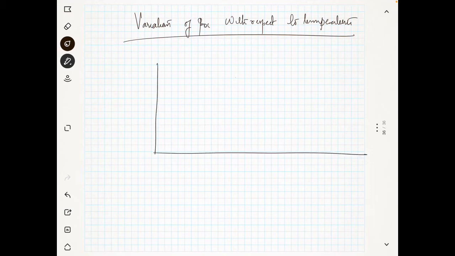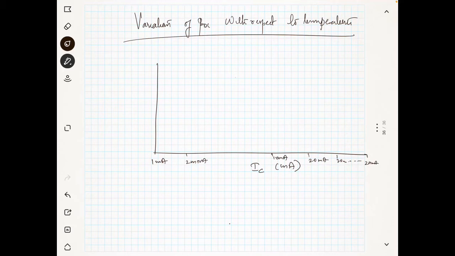So how it will look is what I am going to draw. Suppose you have the collector current IC in milliampere, and suppose this is 1 milliampere, this is 2 milliampere, like this, and this is 10 milliampere, this is 20 milliampere, this is 30 milliampere, up to 200 milliampere.